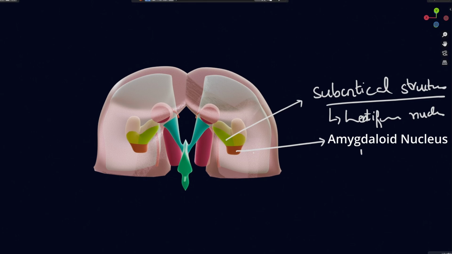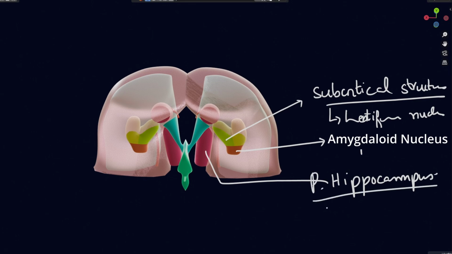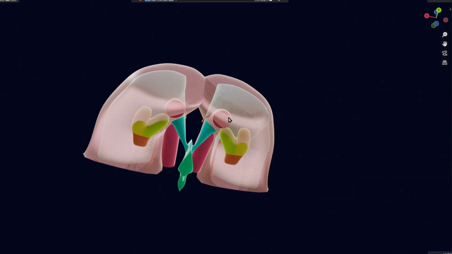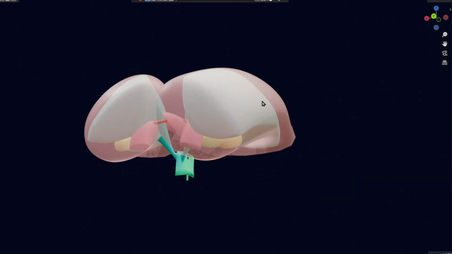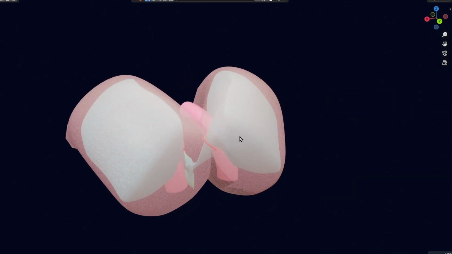So we can say that the cavity of the telencephalon is the lateral ventricle, and this structure at the medial wall of this developing structure is the hippocampus. Not actually the hippocampus, it is of course the primordial hippocampus. It is not a mature hippocampus.